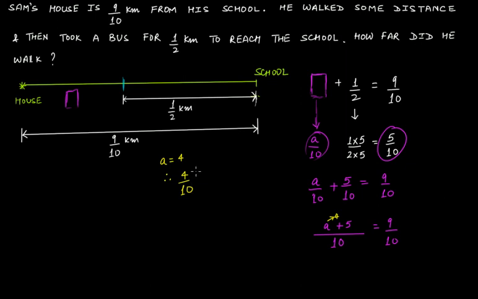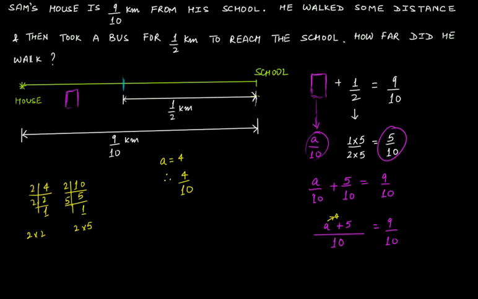If you want to further simplify it, you have to find the highest common factor of 4 and 10. 4 is 2 times 2, and 10 is 2 times 5.